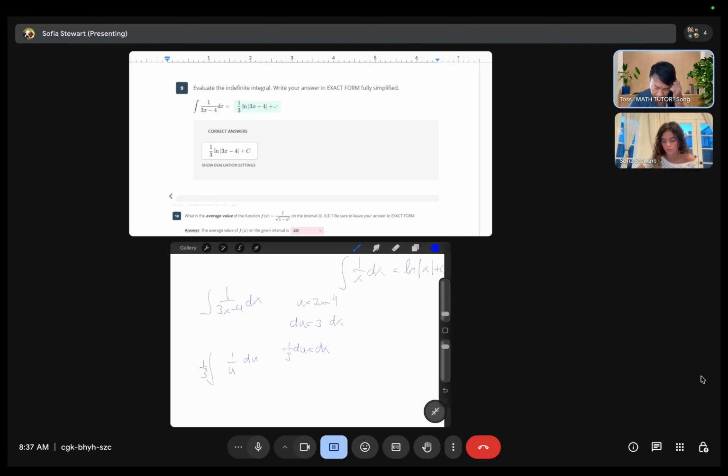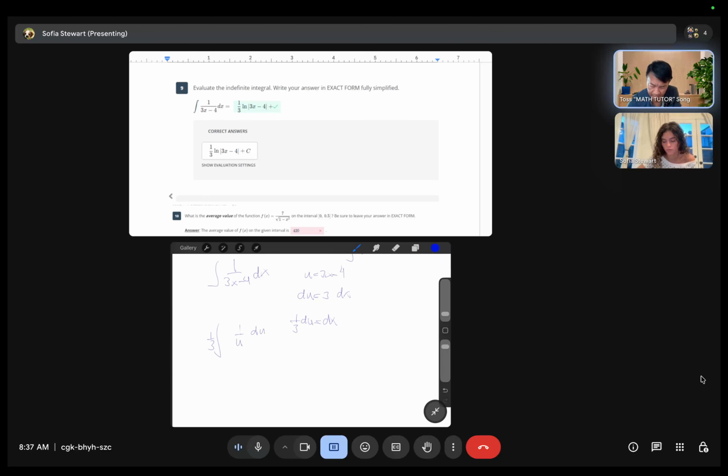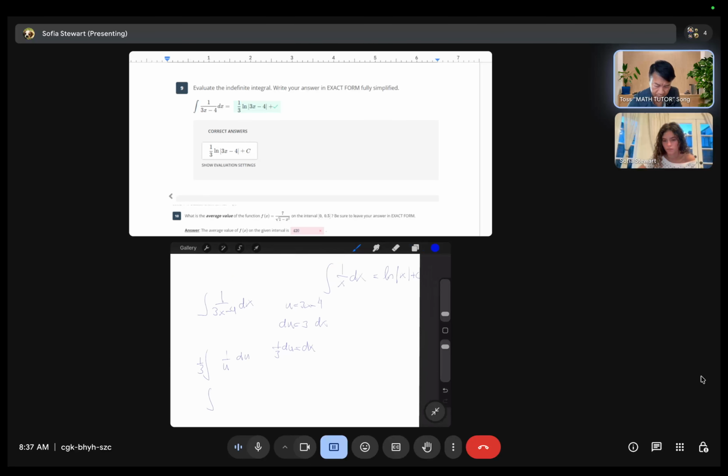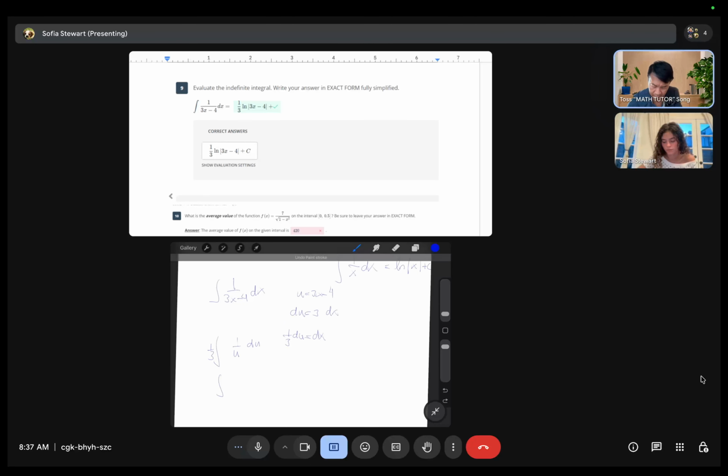Is that okay? And then integrate that normally. It's just like using this property right here. So it'll be 1/3 ln of the absolute value of u, plus c. Now wait, if you think, hey, what about the 1/3 distributed to c? Yes, it's supposed to, but the c absorbed the 1/3.